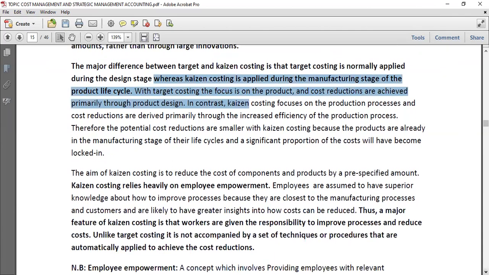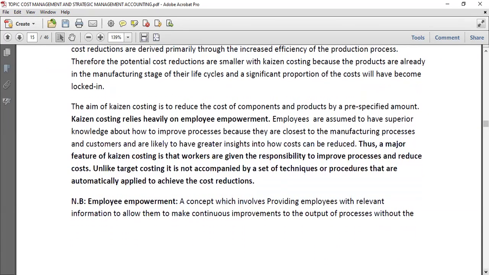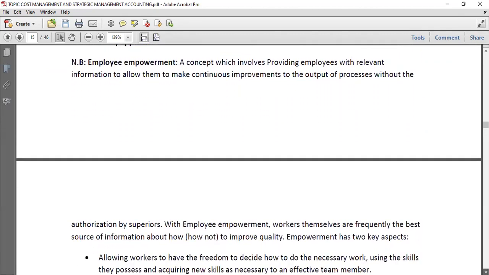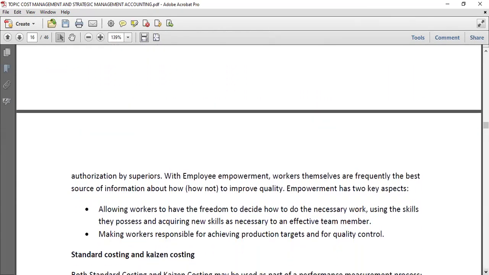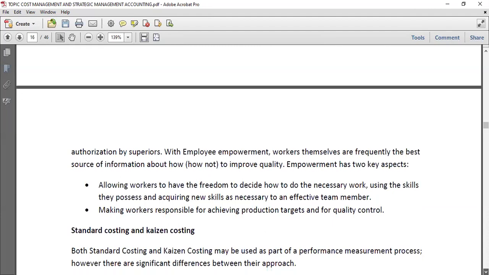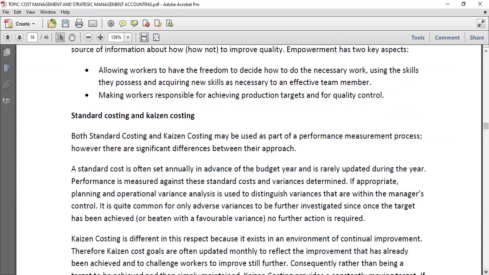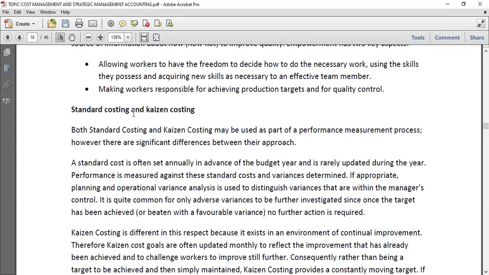So this is just to help you with more reading about the Kaizen approach, okay? They can also ask you how organizations can use the Kaizen approach to improve on their costs, okay? There is also a comparison here between standard costing and Kaizen. It's just so you understand the two things. Once you understand both of them, you're able to easily compare.